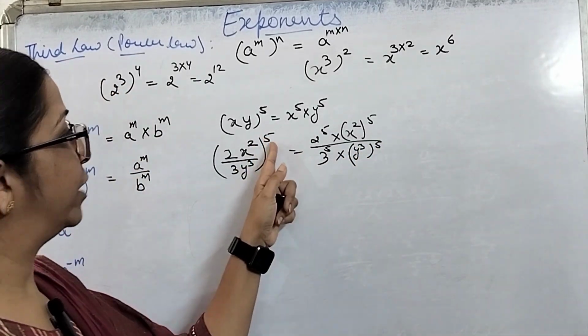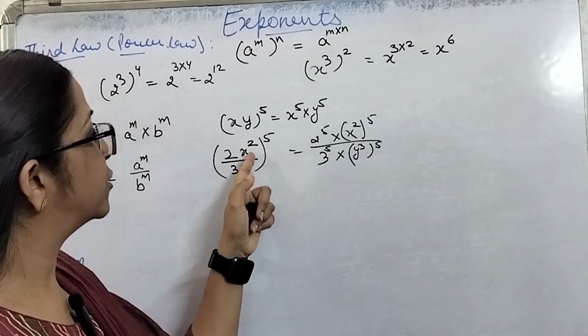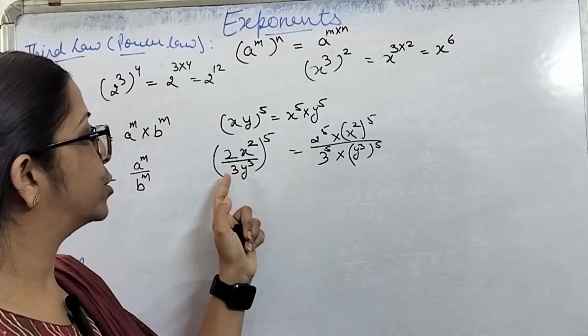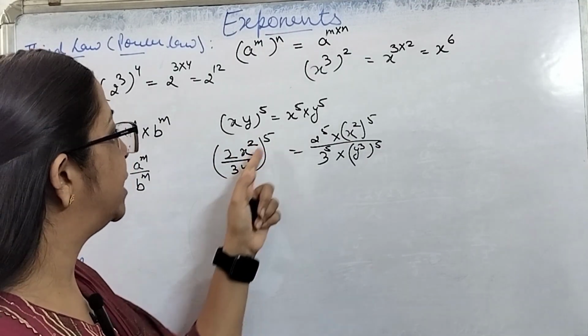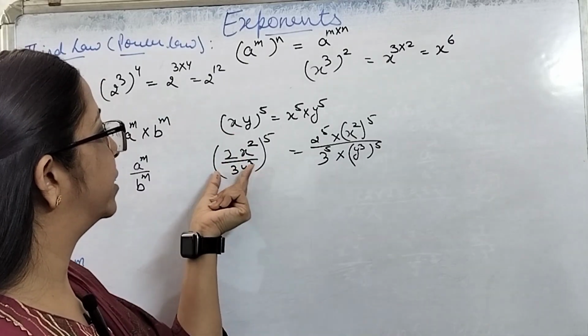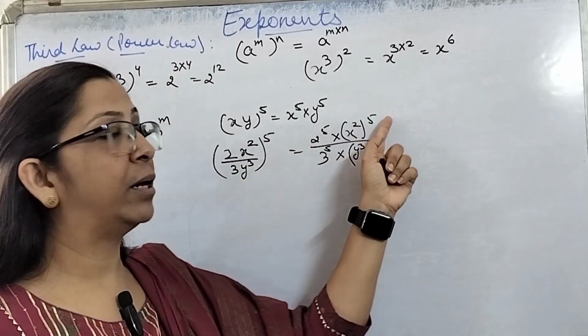That means this 5 is the power of 2 also, x raised to the power 2 also, 3 also, and y raised to the power 3 also. Each and every number over here inside the bracket is having the power 5.